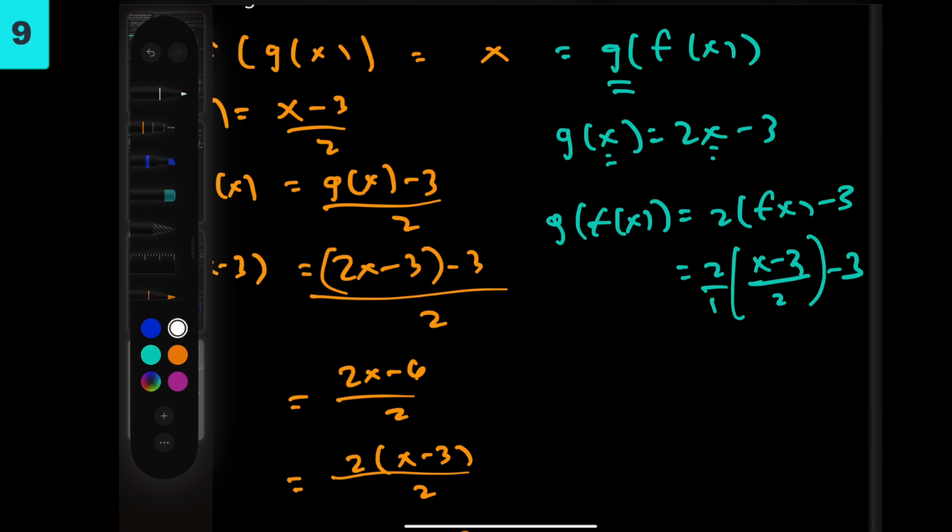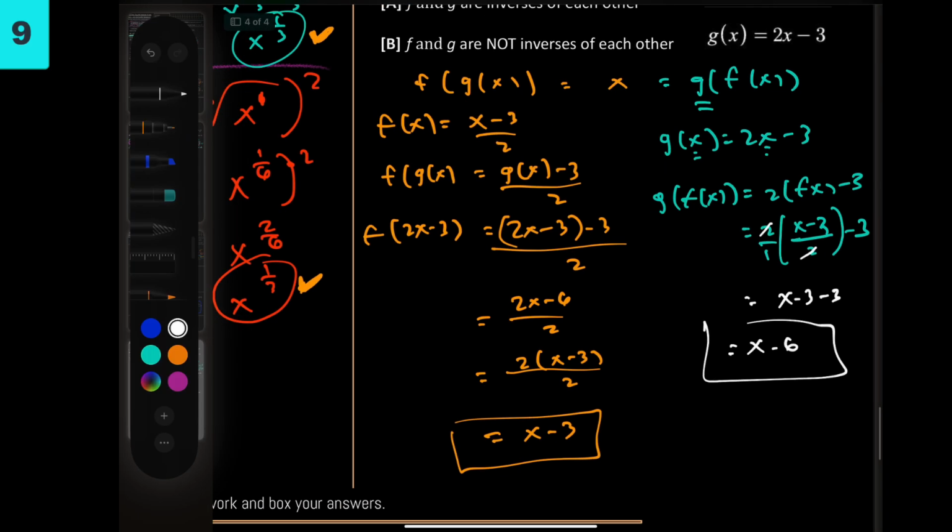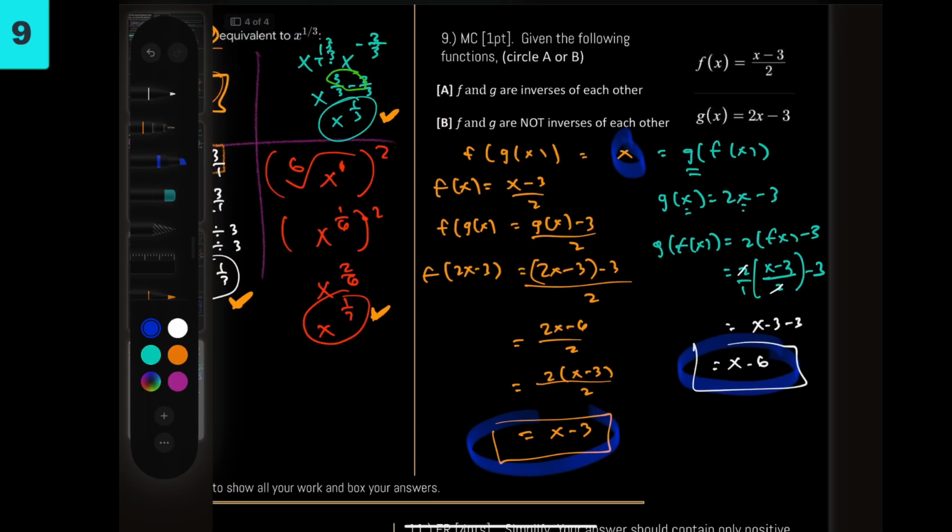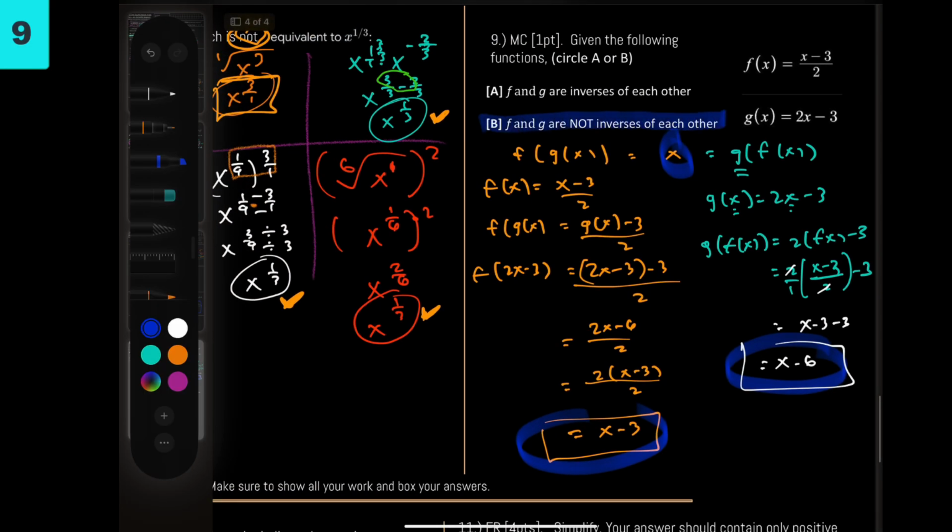Okay, so you put it over 1, you could distribute, but those will cancel. So you're left with x minus 3, which gives you x minus 6. Okay, so you'll notice that both of these are not equal to an x. So the answer is B. They are not inverses.